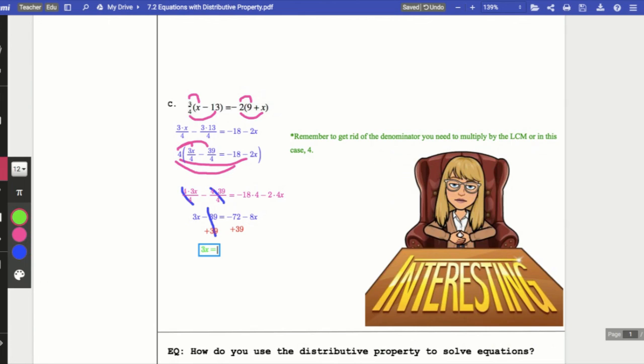It's the same thing as 39 minus 72, which is negative 33. So negative 33, and then minus 8x. I'm going to want to eliminate this bad boy, so I'm going to add 8x to both sides.